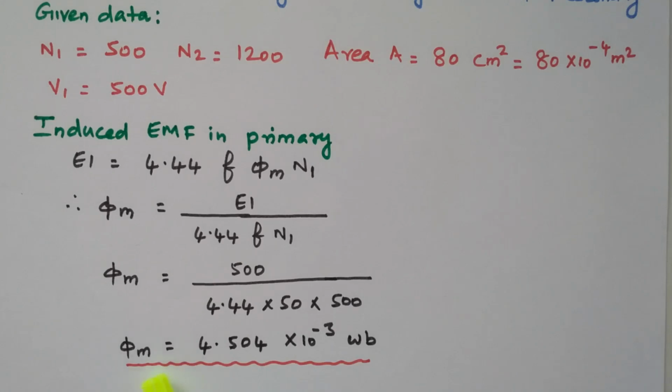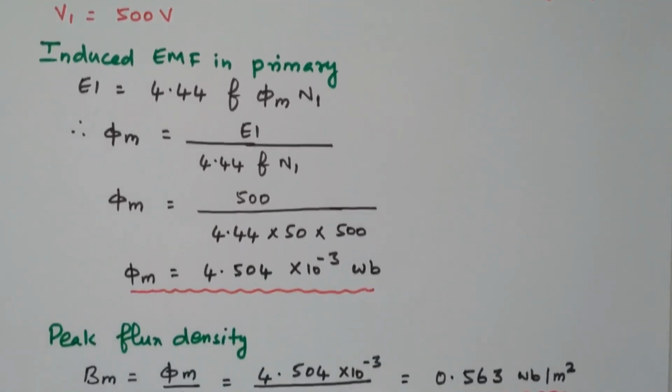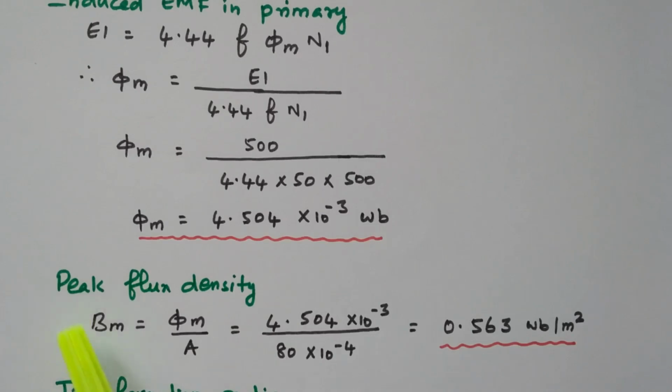So the maximum flux we calculated, but what we need is flux density, right? But what we need is maximum peak flux density, Bm. Bm is nothing but phi m by A, maximum flux divided by area, so that we'll get the flux density, area already given.